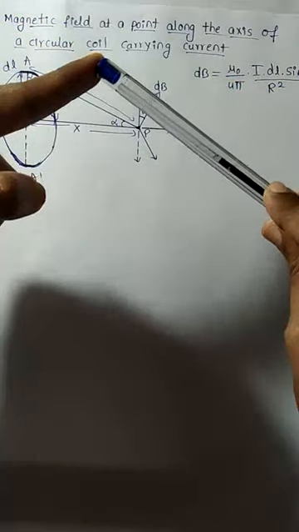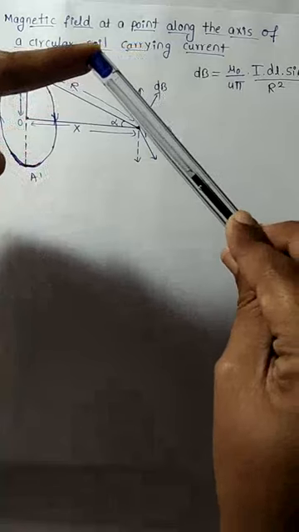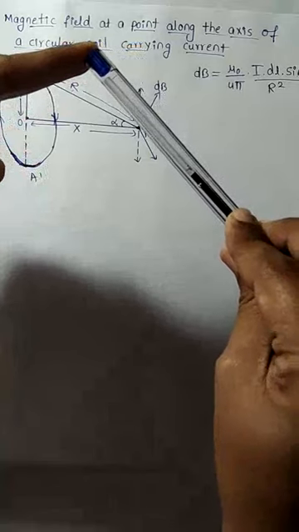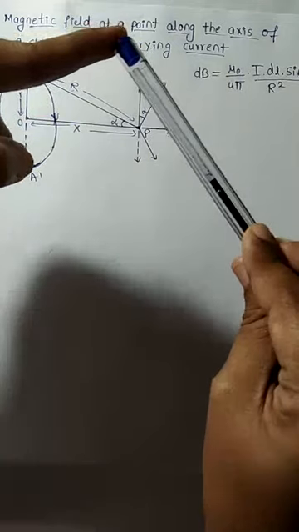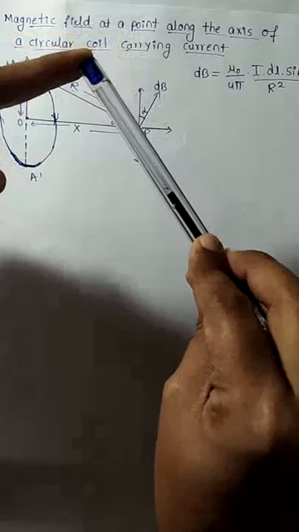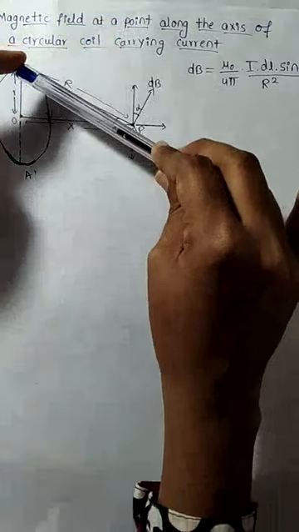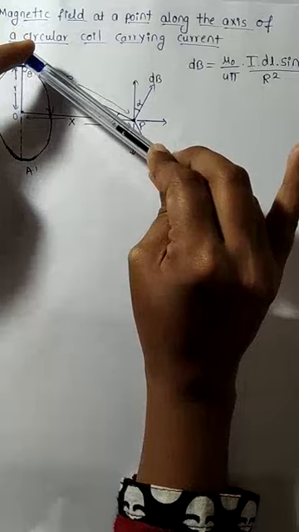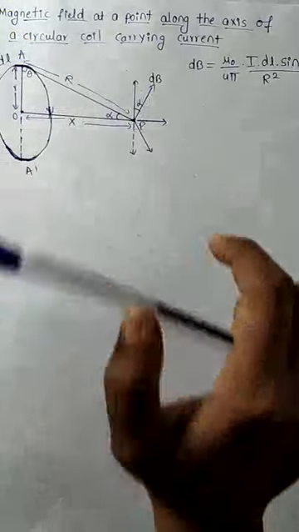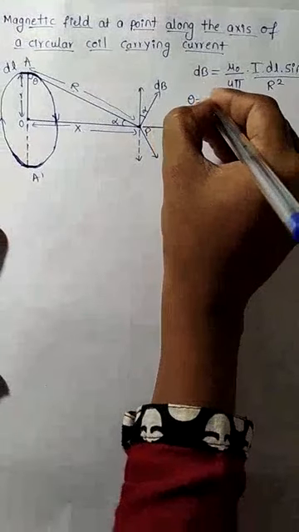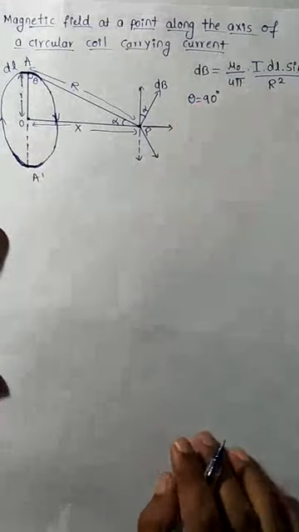From this we will conclude that the angle is nothing but 90 degrees. So they are perpendicular to each other, which means the angle becomes 90 degrees, isn't it? That's why we should take theta is equal to 90 degrees here for a circular coil.